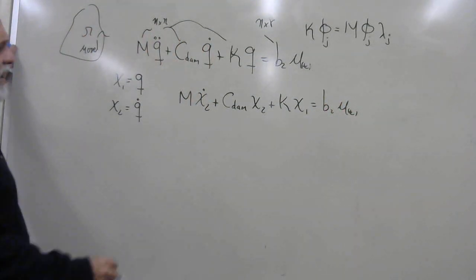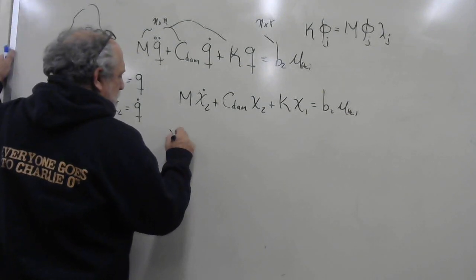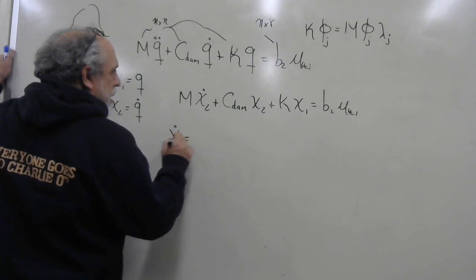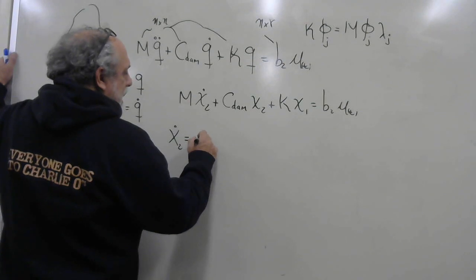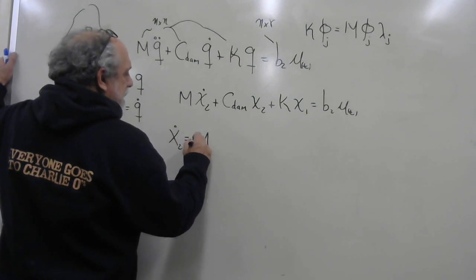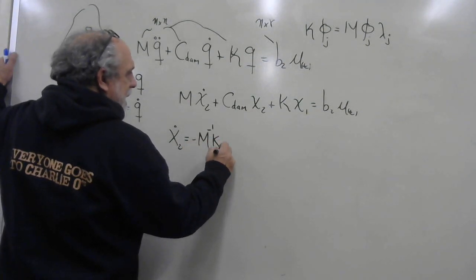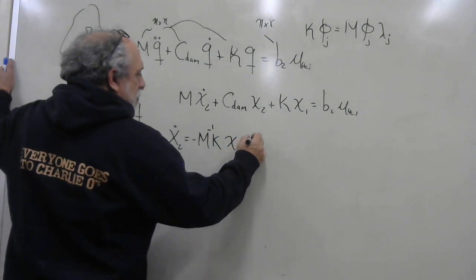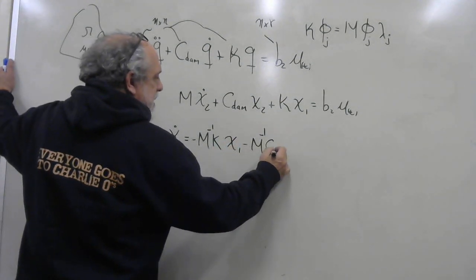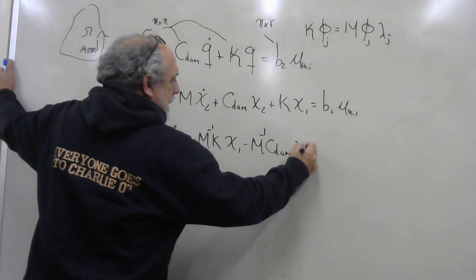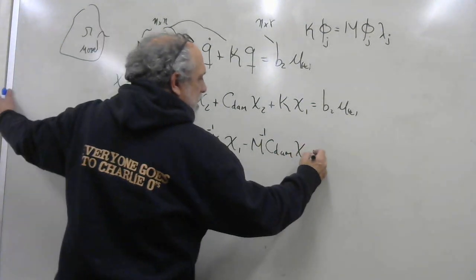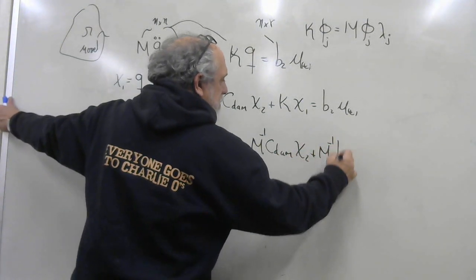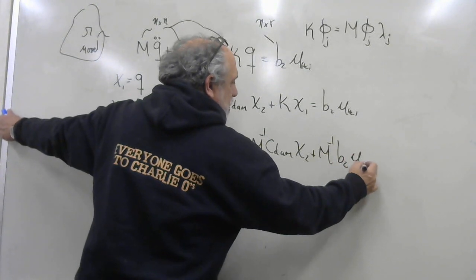From there, it is a simple matter to know that x2 dot is equal to minus M to the minus 1 K times x1, minus M to the minus 1 times C damp times x2, plus M to the minus 1 times B2 times u(t).